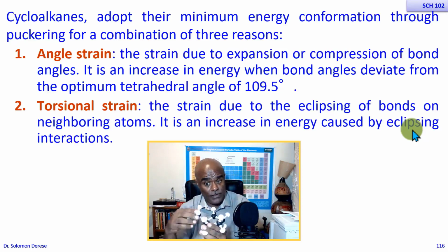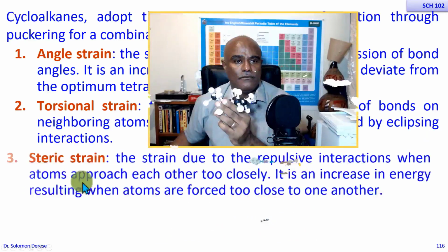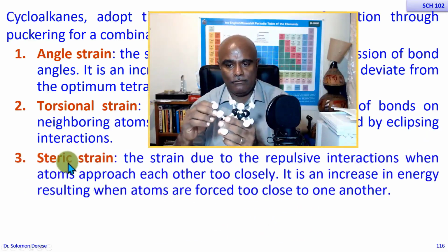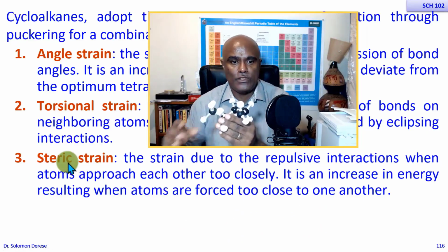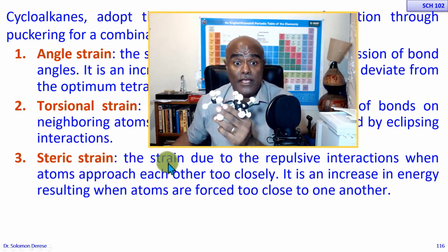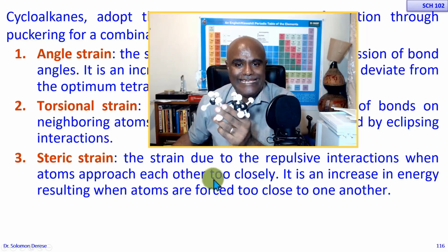As a result of this, there is going to be steric strain. Steric strain. So steric strain is the strain due to the repulsive interaction when atoms approach each other too closely.